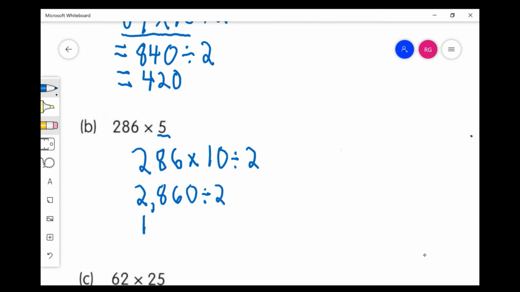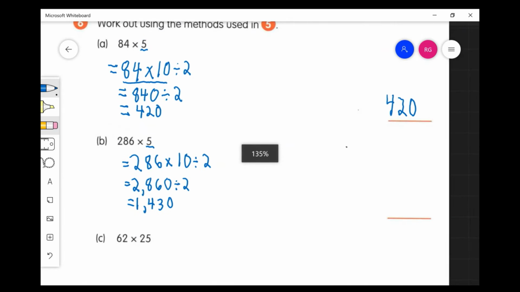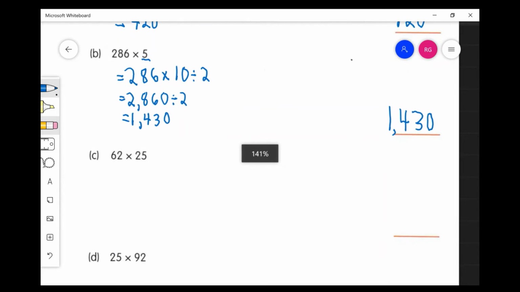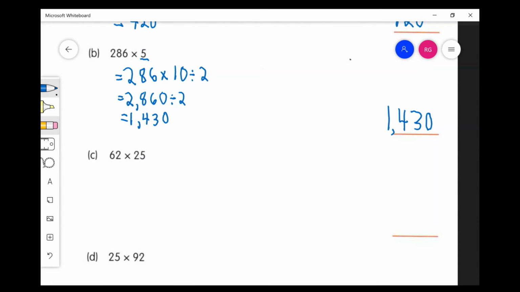And then next I will say equals 1,430. Okay, and I need to make sure I've written these on the line here. So write 1,430 here.